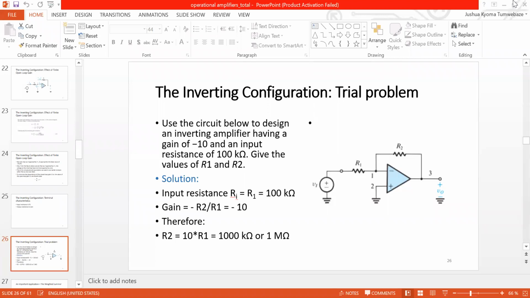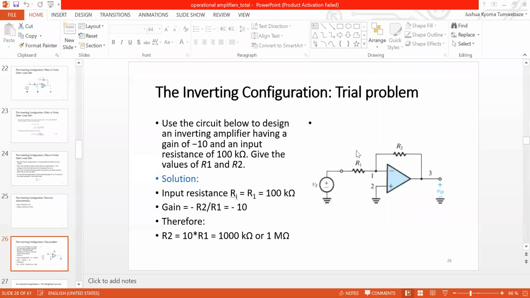Okay, so in the solution part, we can see that we already know that the input resistance of our amplifier, Ri, is equal to R1. Okay, this therefore implies that R1 must be equal to 100 kilo ohms. Okay, then we're also given the gain.